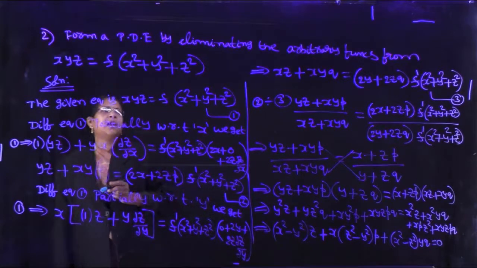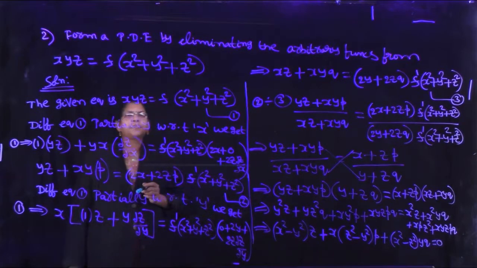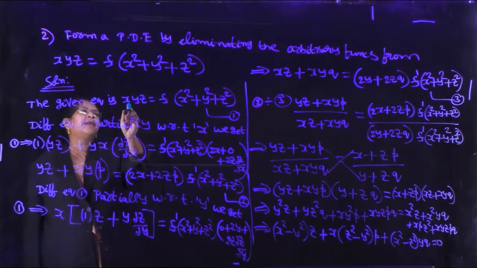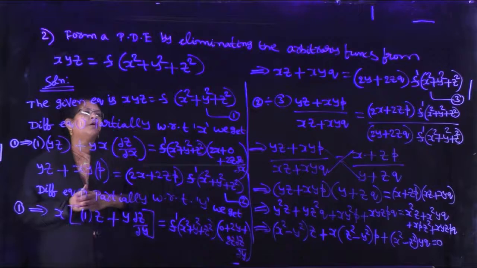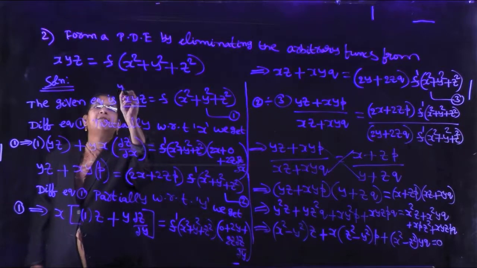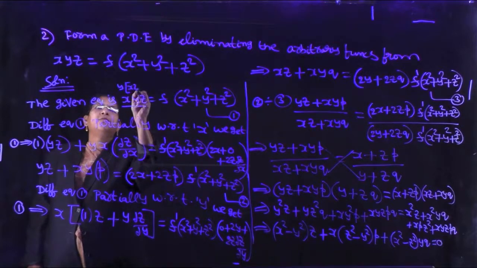Are you all able to follow this step? We have differentiated equation 1 partially with respect to x. If you are differentiating partially with respect to x, y is a constant. So you write y aside and you have to differentiate x into z.